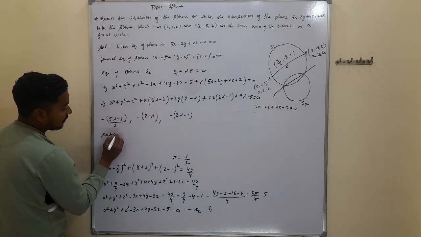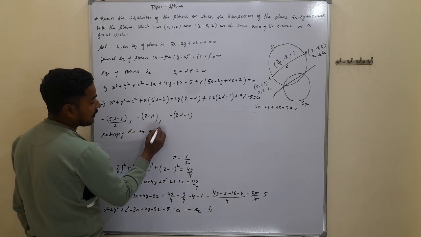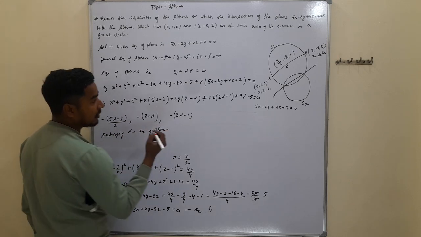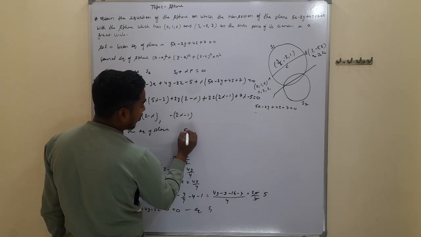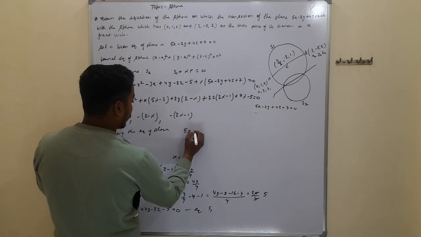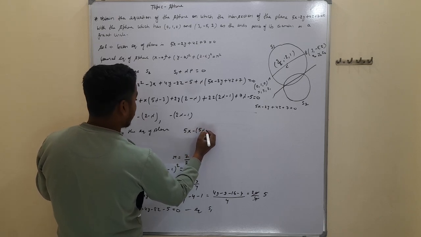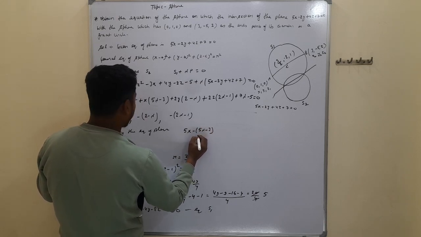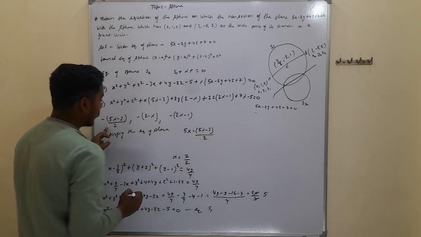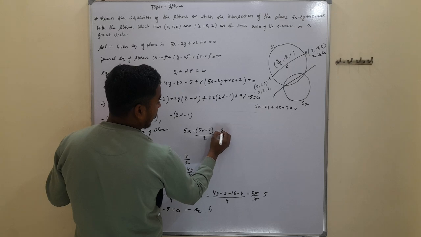Satisfy the equation of plane. So we have to put in the equation of plane: 5 into x, which is given by minus (5 lambda minus 3) upon 2, and here minus 2y.